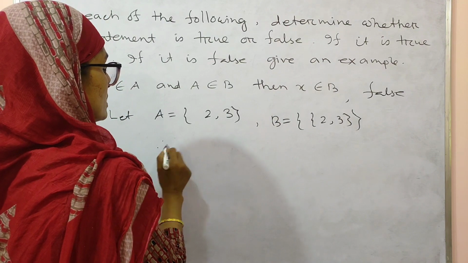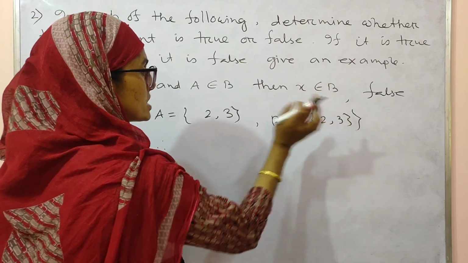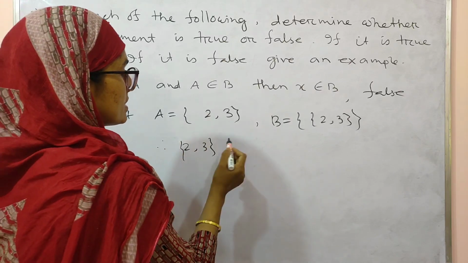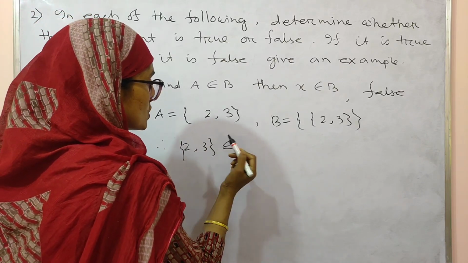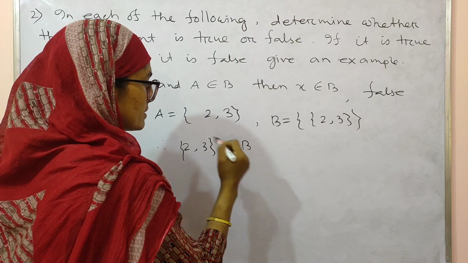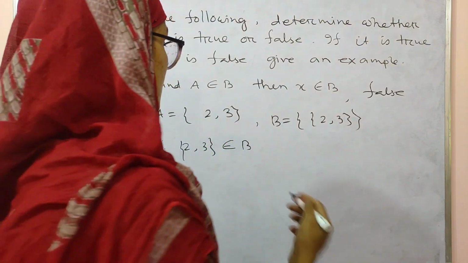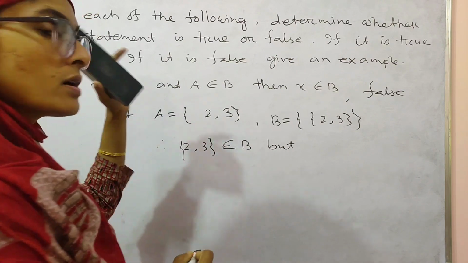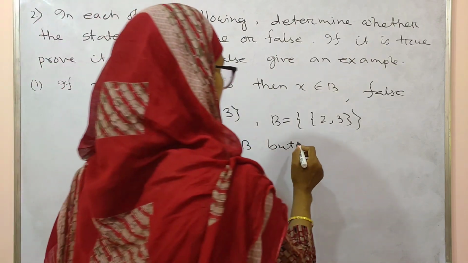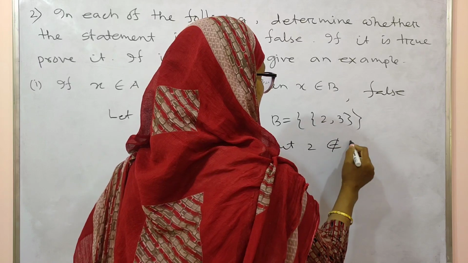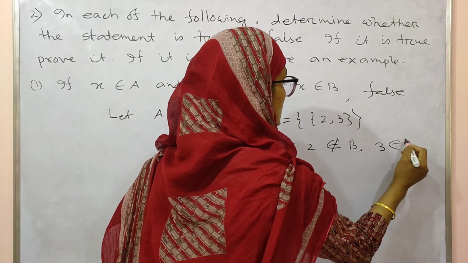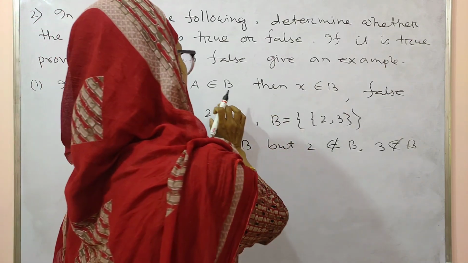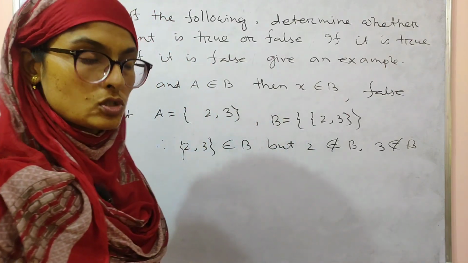So this set {2, 3} belongs to B, but 2 belongs to A, yet 2 does not belong to B, and 3 does not belong to B. Or you can write it by taking only one element also.